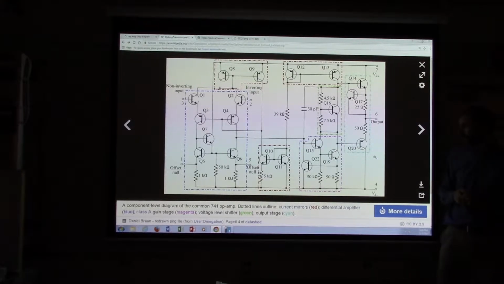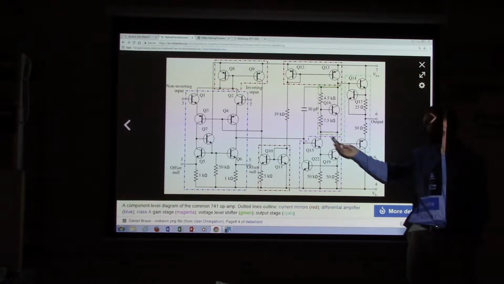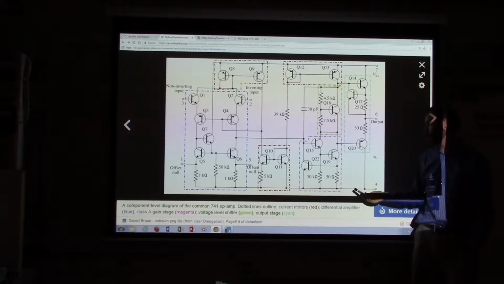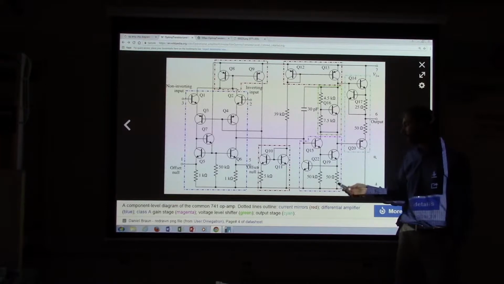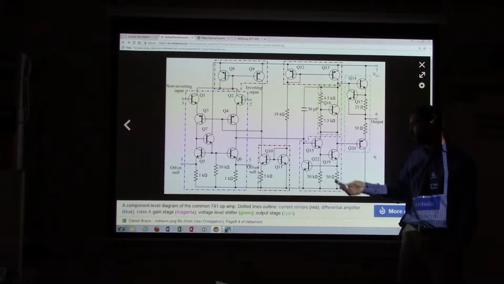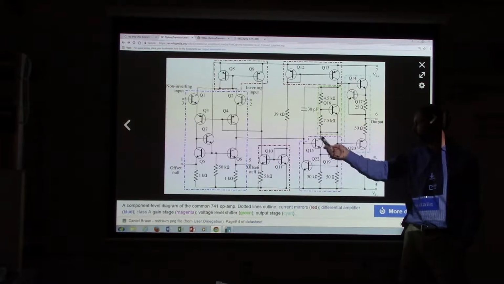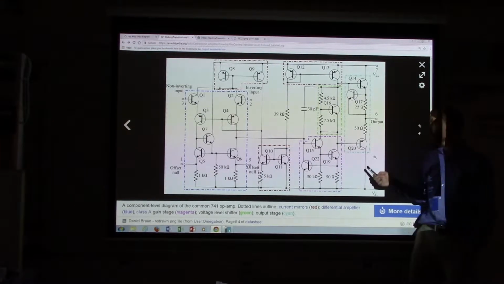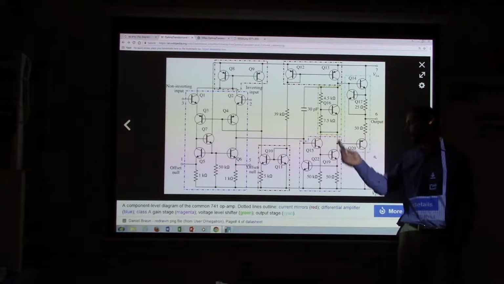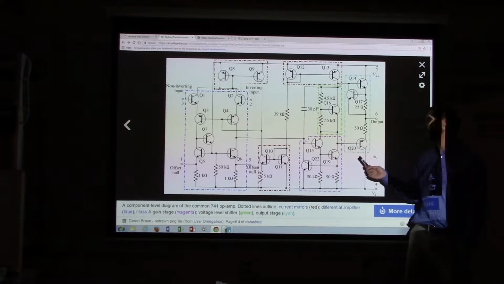Yeah, it's a voltage amplifier. This is a form of a common collector amplifier. Or, I'm sorry, a common emitter amplifier. I said that backwards. Common emitter amplifier, right? The emitter is connected to ground. So this is a voltage amplifier, and it's using this Darlington pair. So this is a very high gain voltage amplifier.